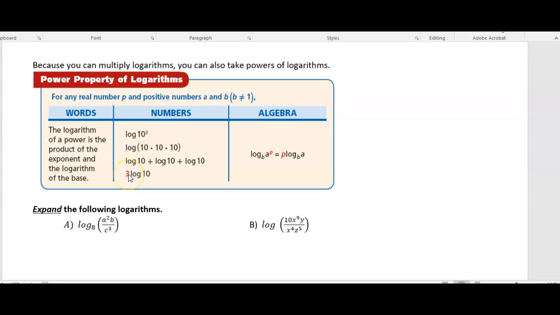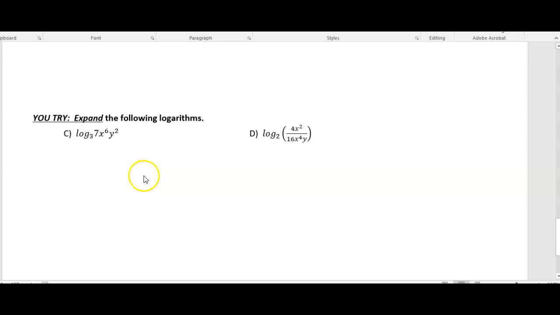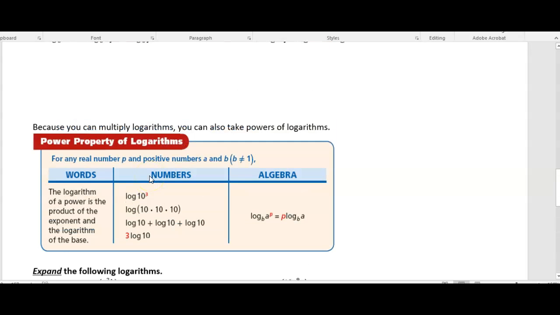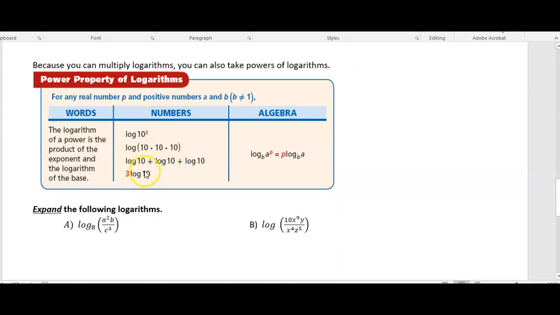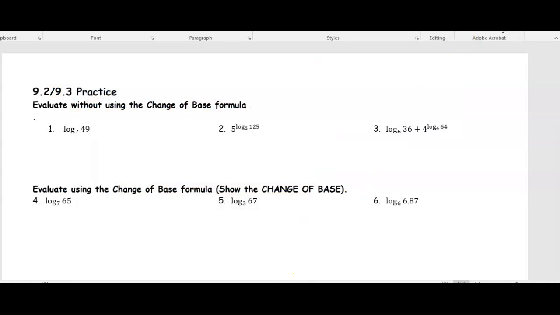Well, since we're condensing right here, you got to take the 3 and put it back right here as a power again, like we did with these examples.